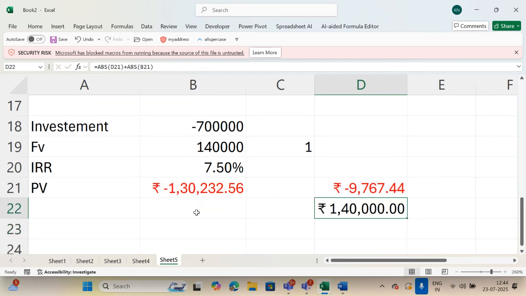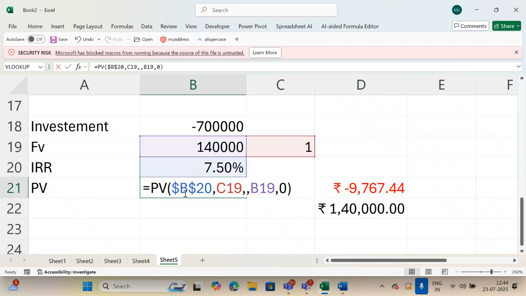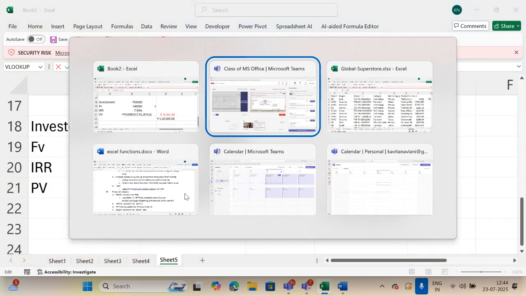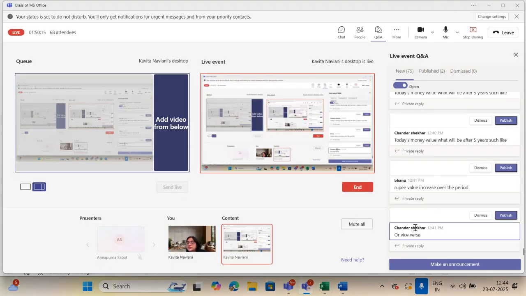See, is it? I'm sure everybody is getting it.